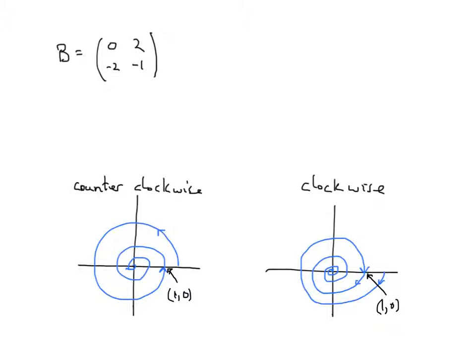So what's happening if we're in a counterclockwise rotation at 1, 0 is that at this point the vector field should be positive. I'm going to draw that in red. The vector field should be moving upward when we're at 1, 0 if we're going in a counterclockwise direction. Similarly, if we're going in a clockwise direction, the vector field should be pointing down.